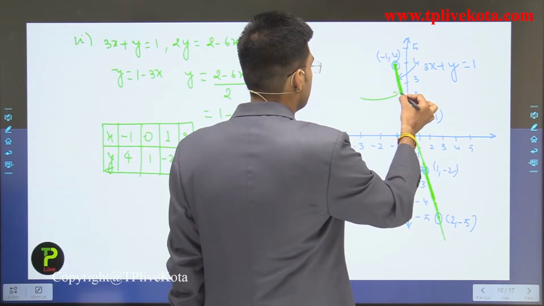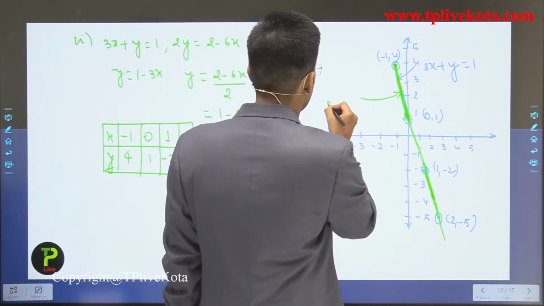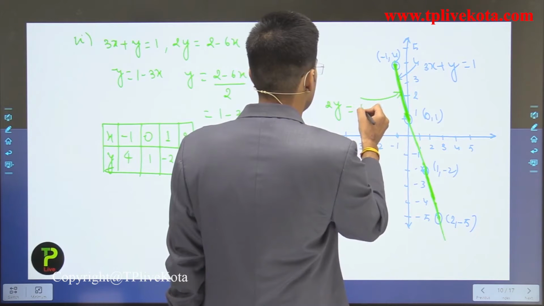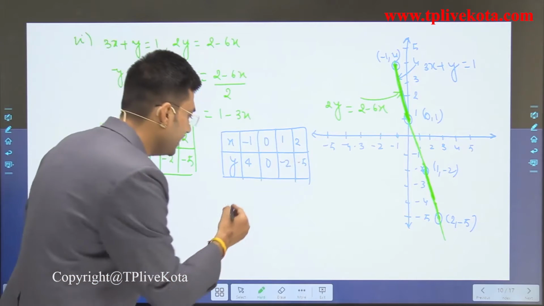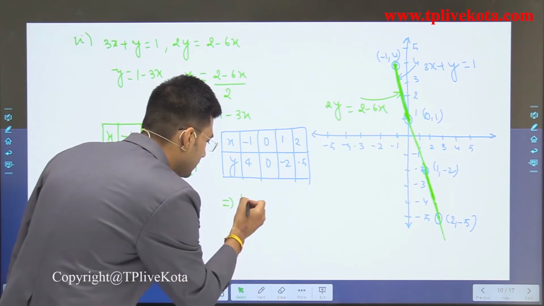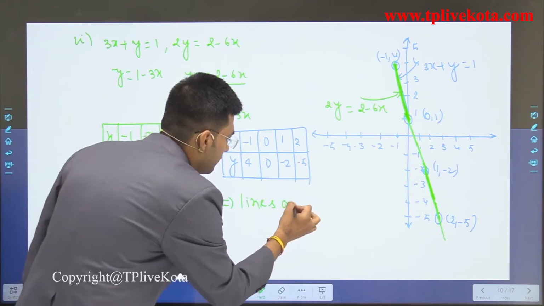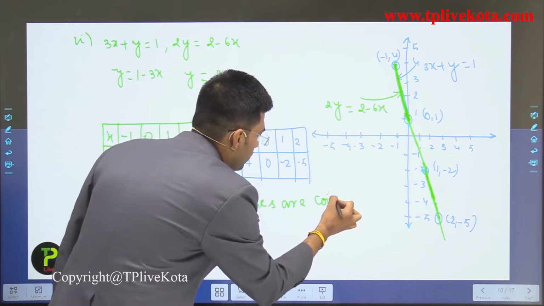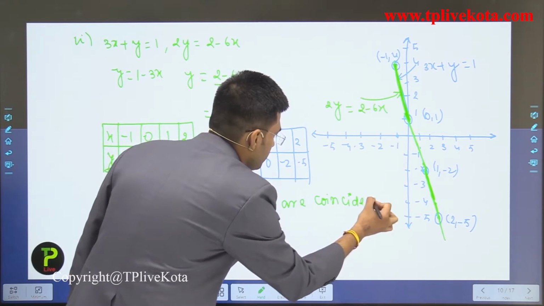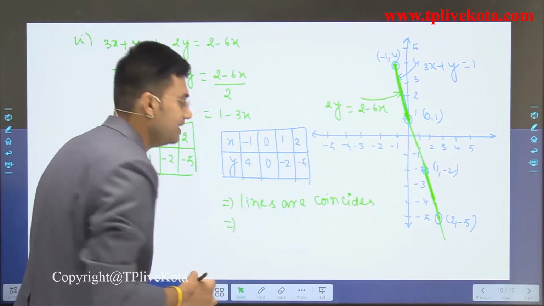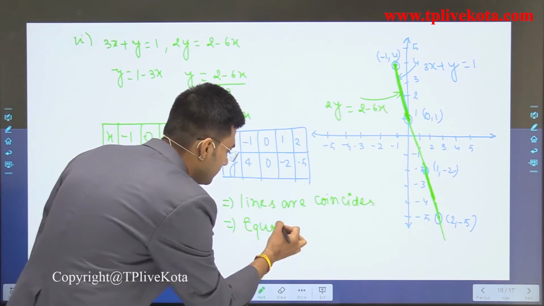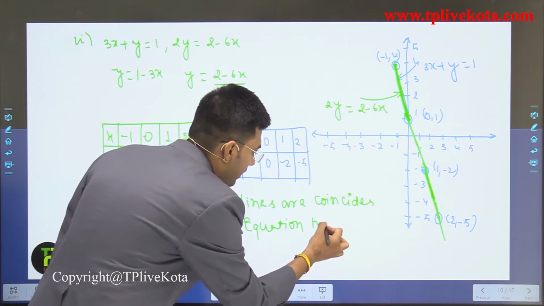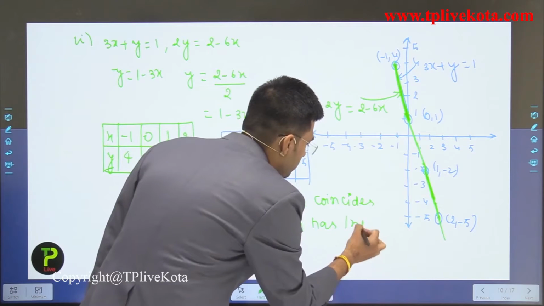So this is also the equation of 2y equals to 2 minus 6x. Clear? If lines coincide, then we can say that the equations have infinite solutions.